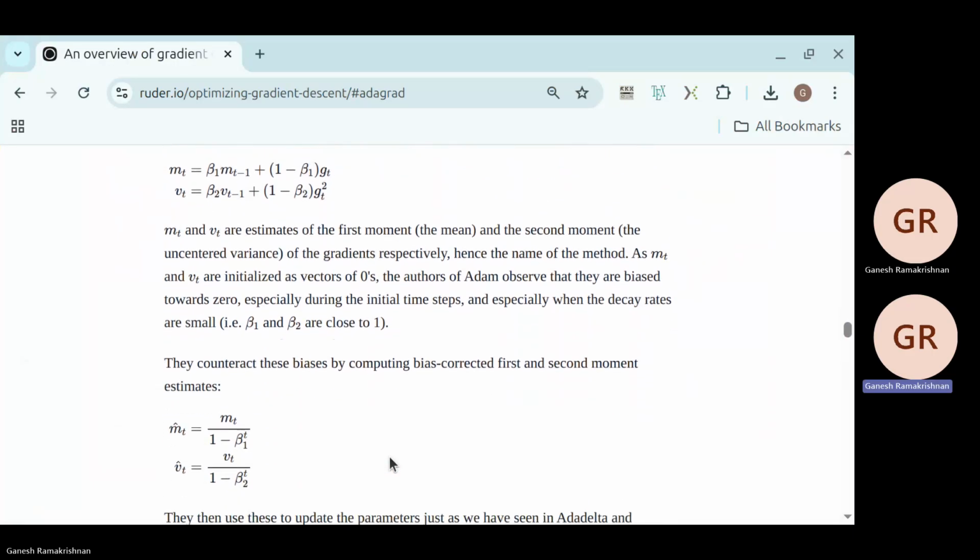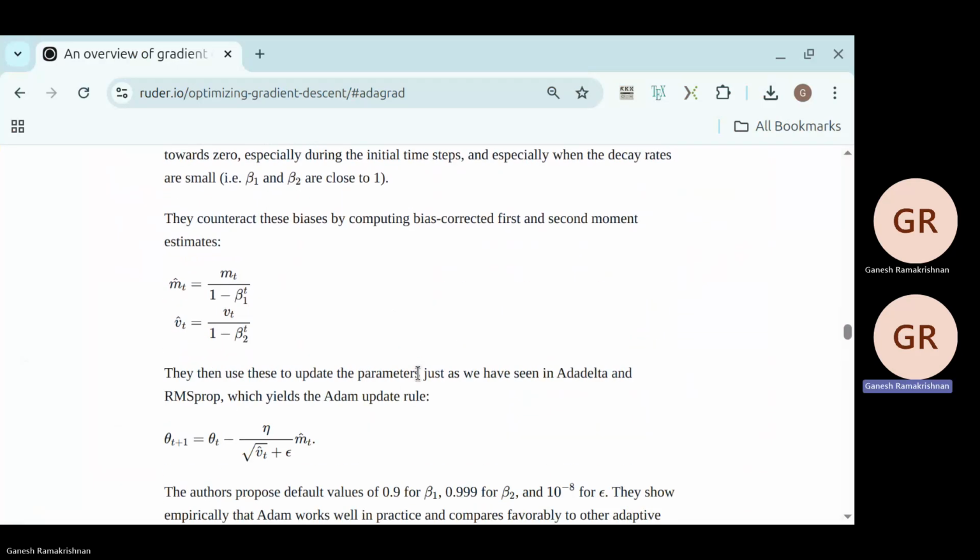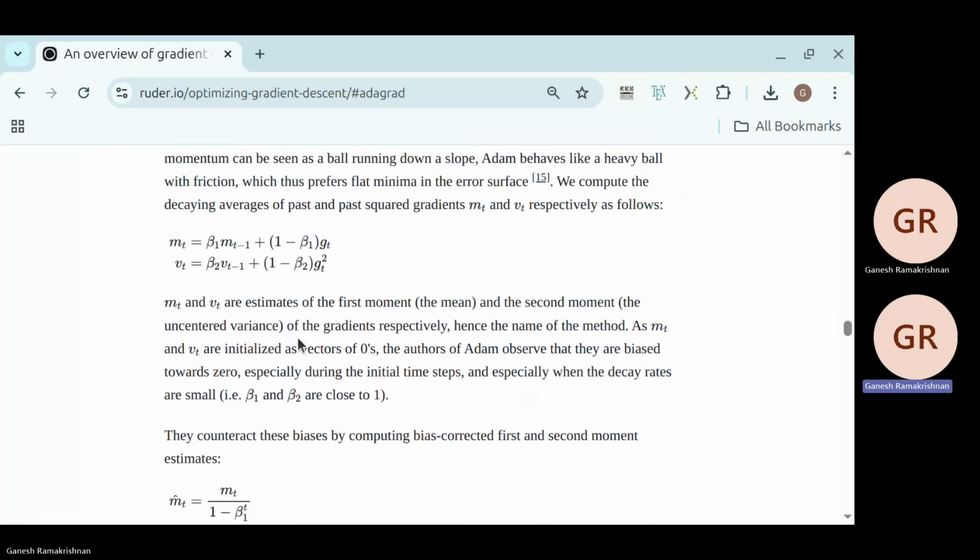Here, this point is important. So what are they doing here? Why is there a 1 upon 1 minus beta 1 raised to t, and 1 upon 1 minus beta 2 raised to t? So there are some biases. If you didn't have this, if you just went with these updates, the authors observed that these get biased towards 0. They start becoming 0.